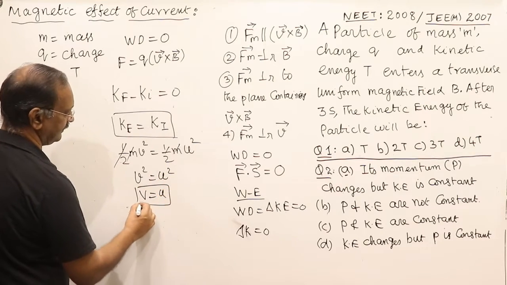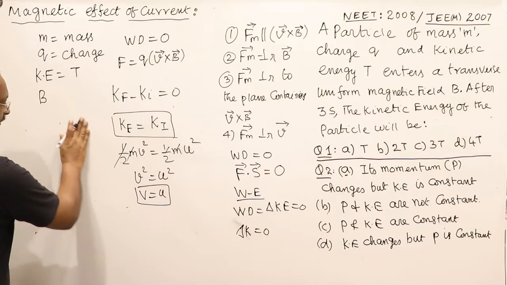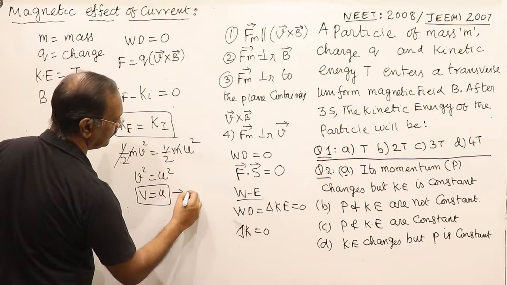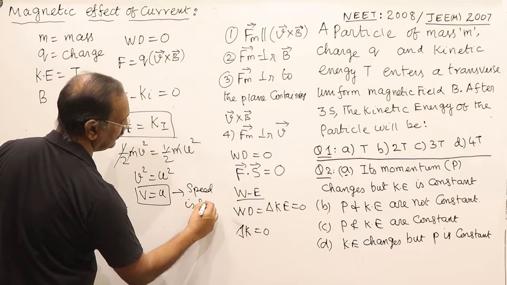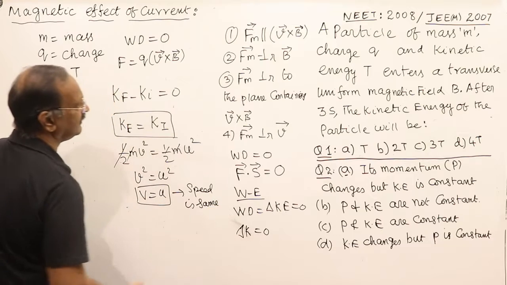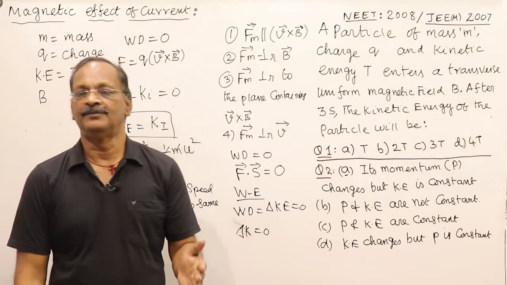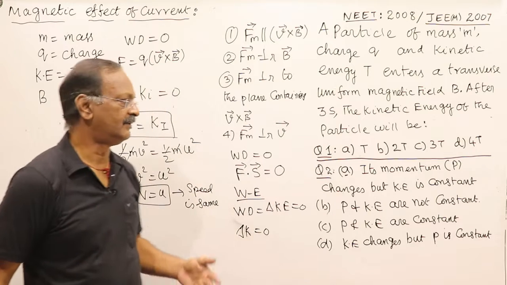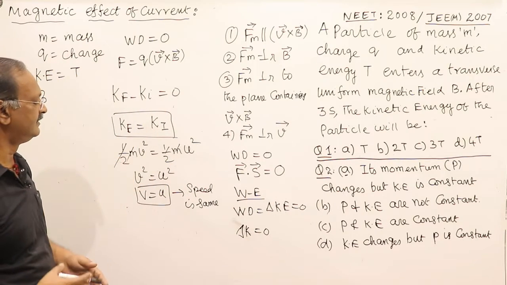Now, this is the speed, so the speed is the same, with no change. When a particle moves in a magnetic field, its work done is 0, there is no change in kinetic energy and no change in the speed.